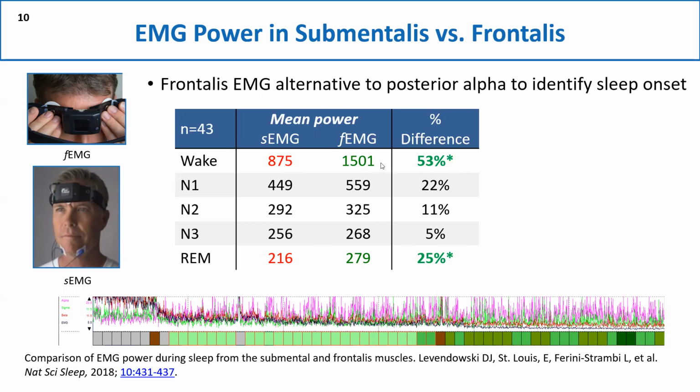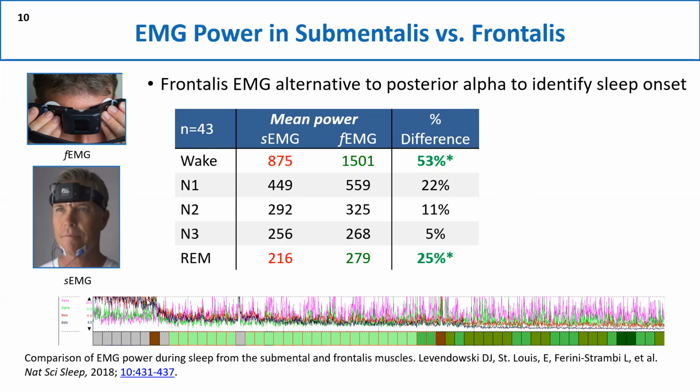Now, looking at the frontalis EMG, one of the points here is that we originally received a question on how we are able to detect or recognize the posterior alpha that's so important for identifying sleep onset. And our response is that you can look at the EMG power and watch it decrease during sleep onset.